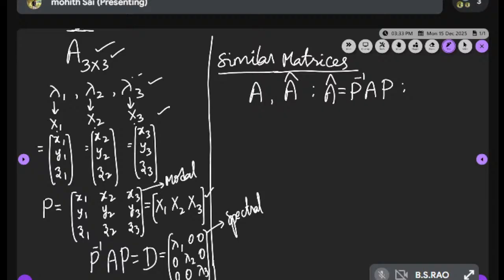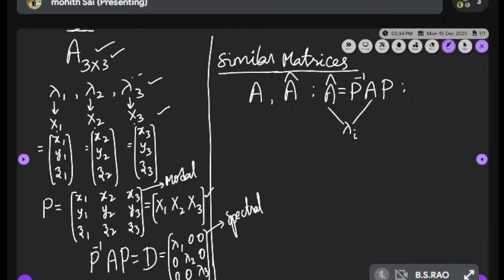Right. Here, already we have discussed that. Now, what can you say? If A cap is equal to P inverse AP, A cap and A both will have the same eigenvalues.